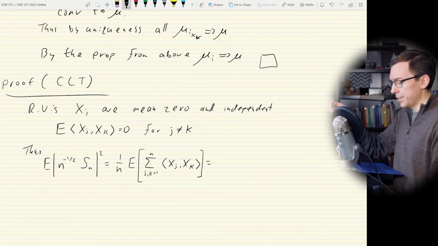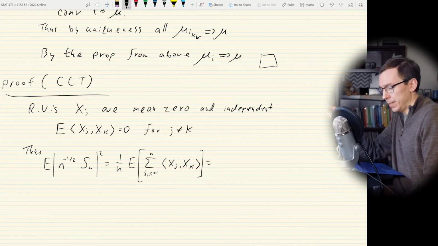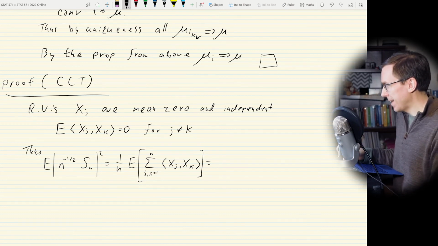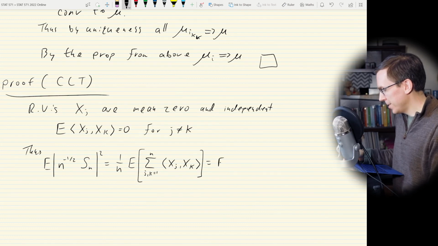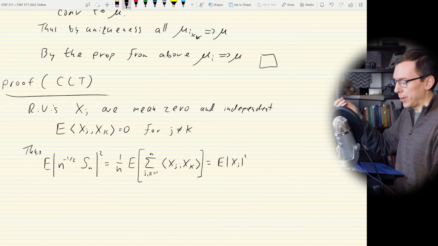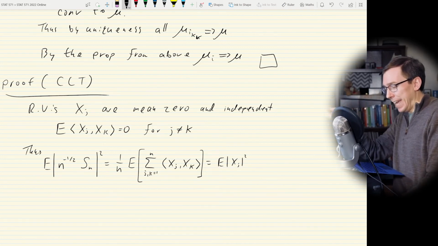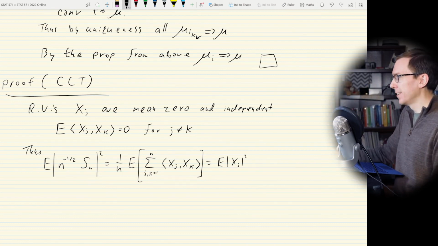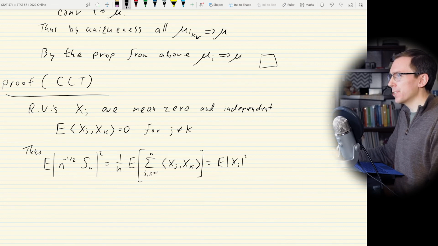This is precisely the expected value of the squared Euclidean norm of X_j, summed up n times but divided by n. The expected value is the same for all j, so it doesn't matter which j we use.